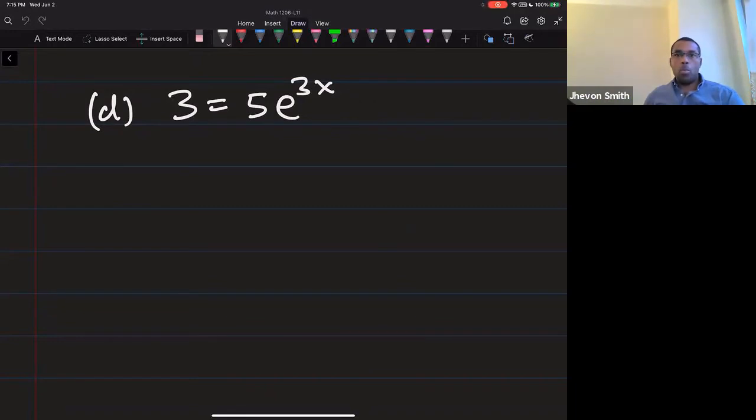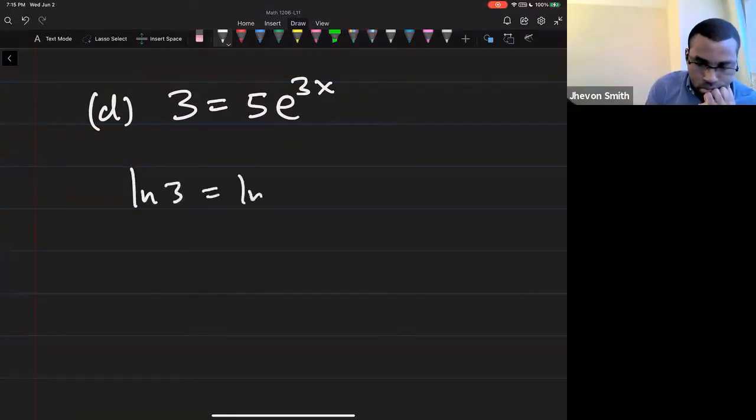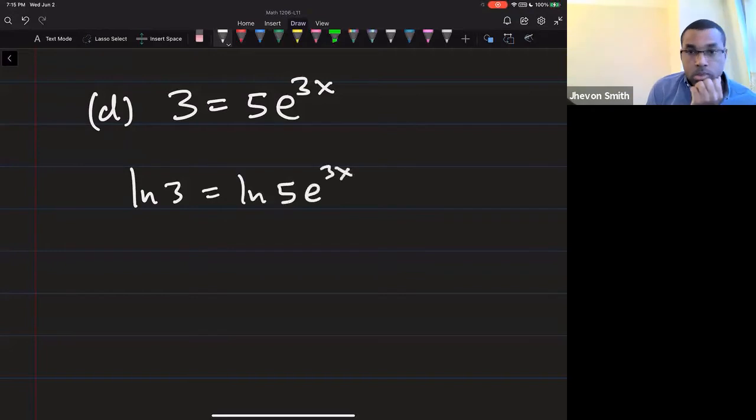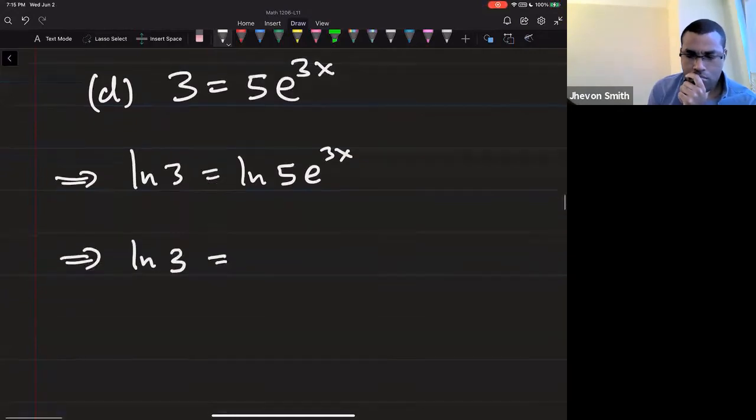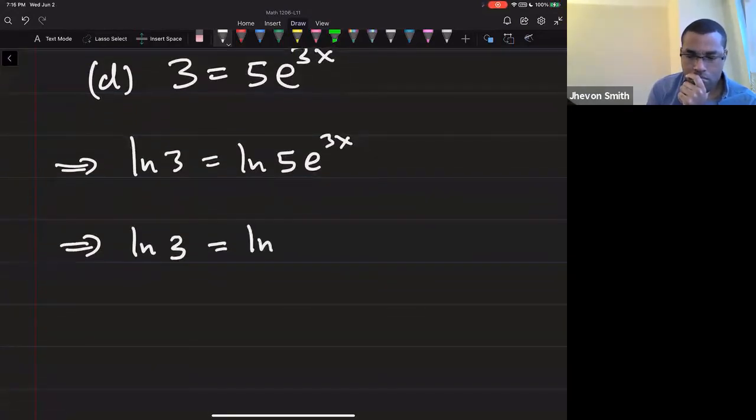I would start with taking the natural log of both sides. Okay. Then what? I would maybe not. I would expand the ln of 5e to the 3x to ln 5 plus ln e to the 3x. Mhm.